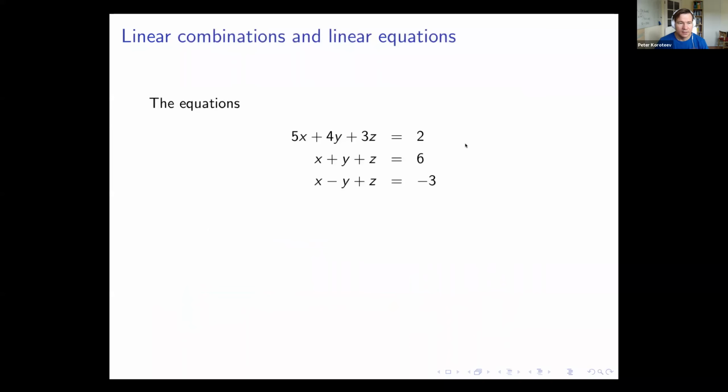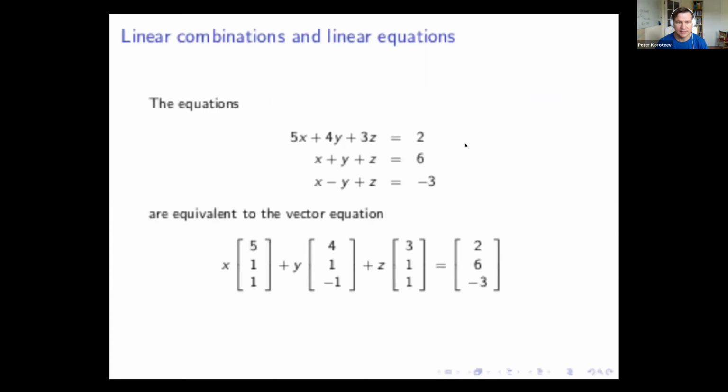Okay. Now, let's talk about linear combinations in connection with linear systems more systematically. So take two equations with three unknowns, x, y, and z. Now, we can write this system of equations as a vector equation. Here, it means that we multiply x by the first vector, y by the second vector, and z by the third vector, and it's equal to the vector with components 2, 6, and 3.